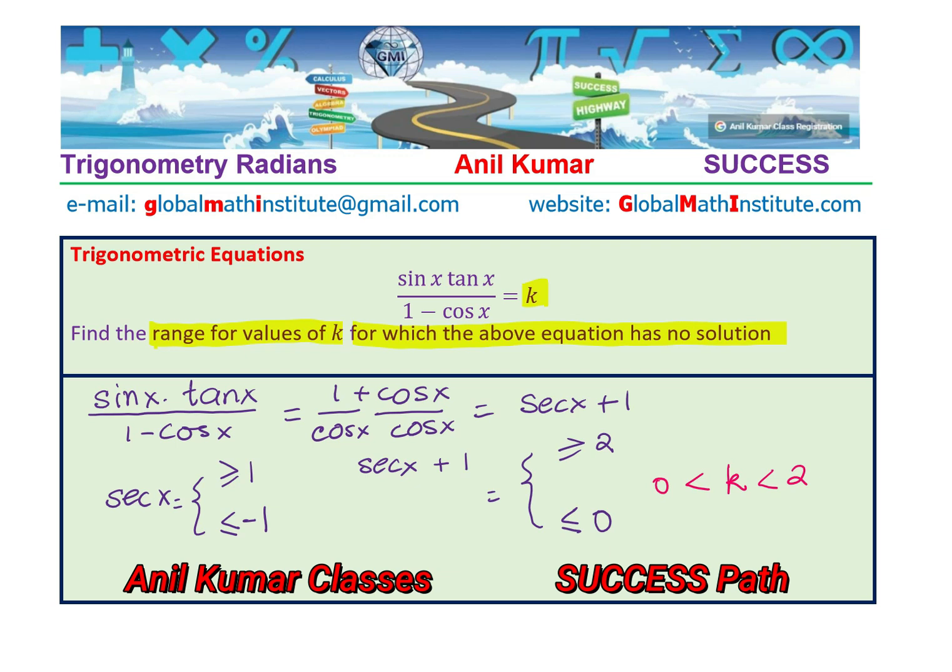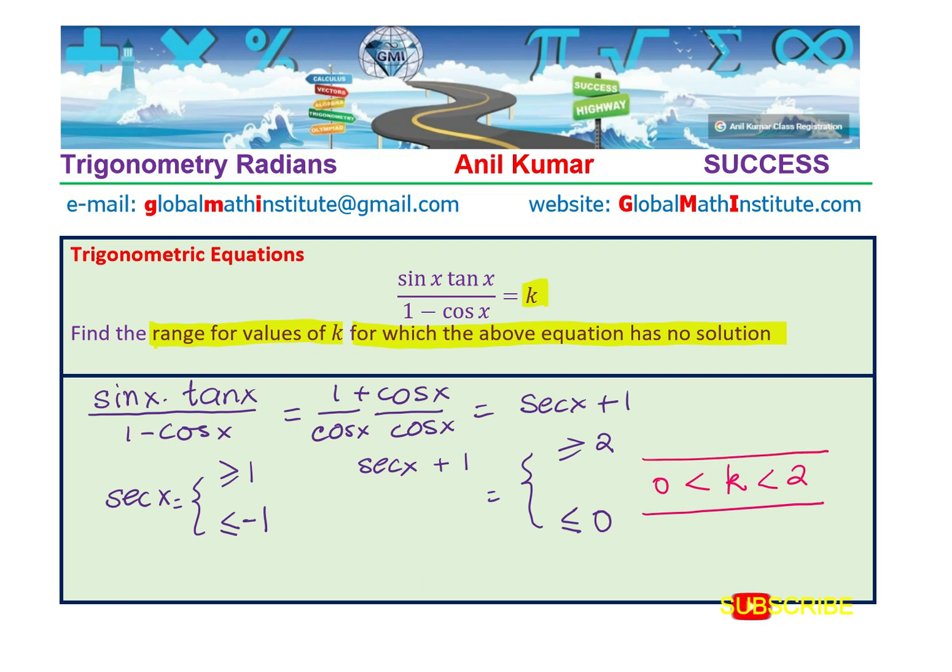So the range of k is that k is between 0 and 2. Makes sense? So that is how we are going to answer this particular question. I hope the steps are absolutely clear.